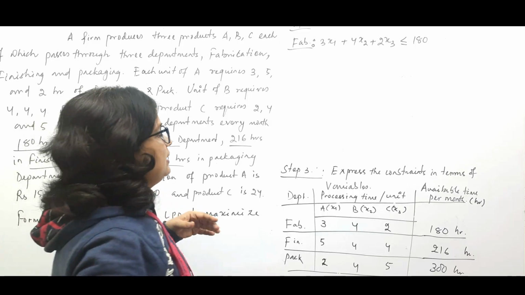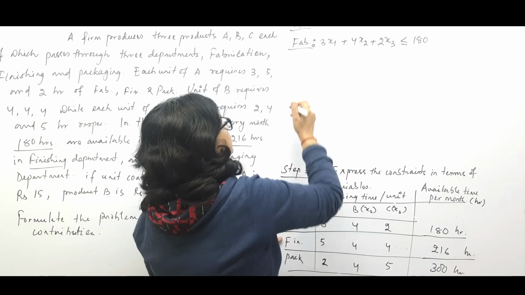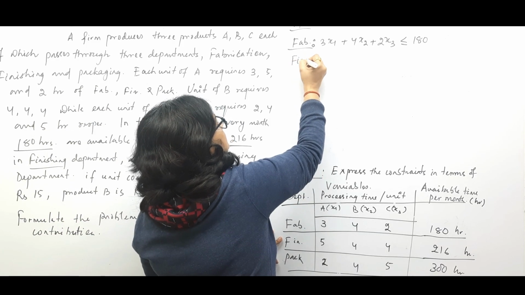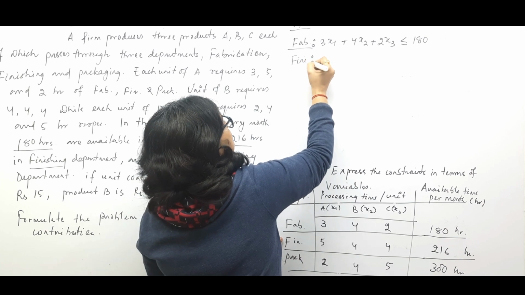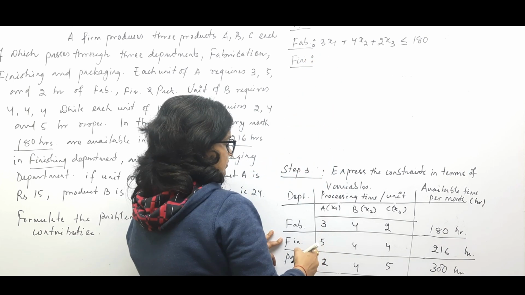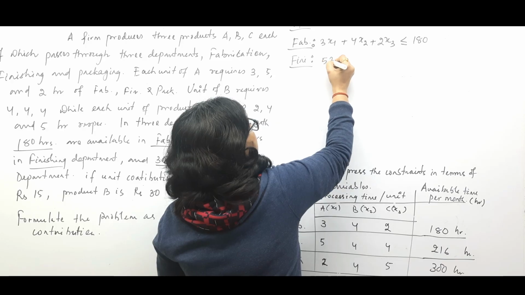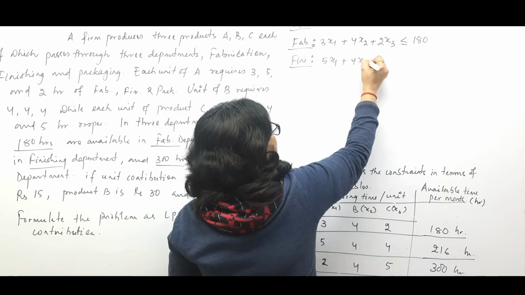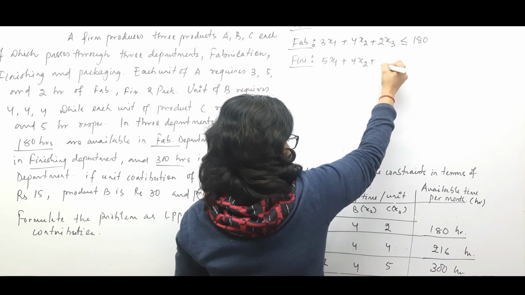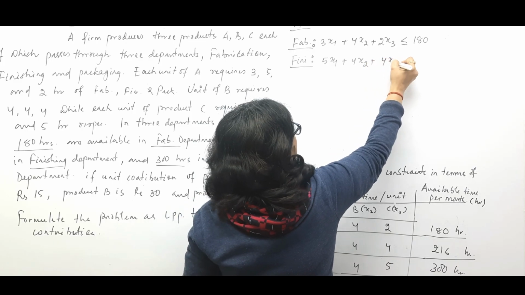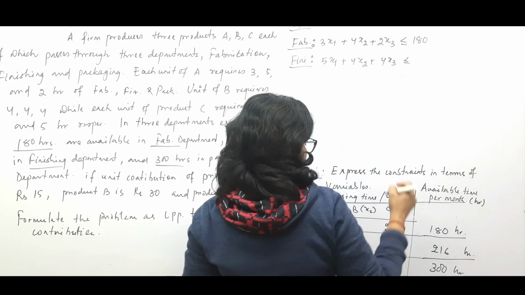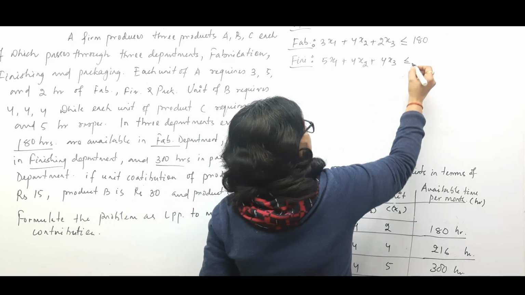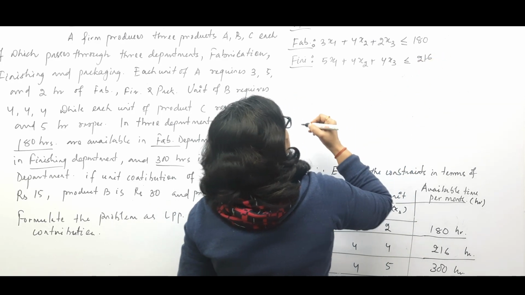Like that we need to write for finishing: 5x1 plus 4x2 plus 4x3 less than or equal to 216.